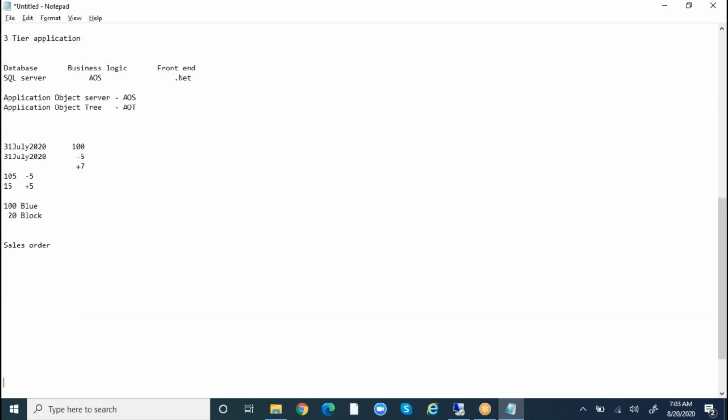So sales order creation and sales order confirmation. It is available. It is not mandatory. Then picking list registration, packing slip, and customer involved. So that is the process of creating sales order.